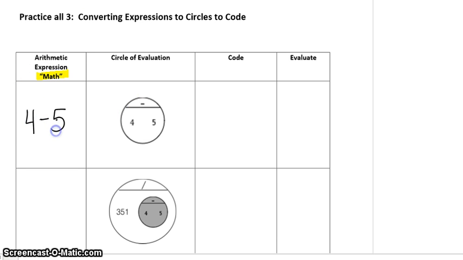Well, we write it as 4 minus 5. In code, however, we have to, of course, start with parentheses. The function goes first, then our 2 inputs, then a closing parentheses. So that's what it looks like in code. And then, of course, evaluated, we know we get -1. We've seen this same circle of evaluation several times, so we're an expert at it at this point.